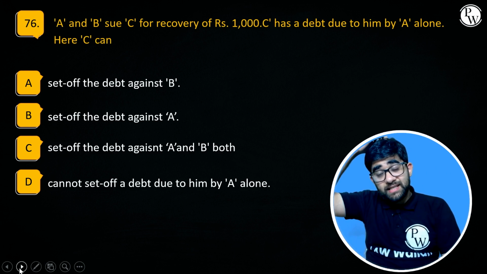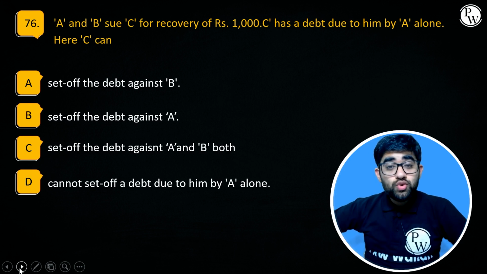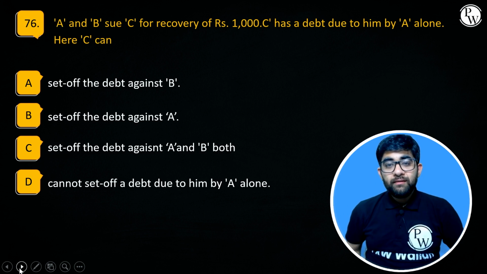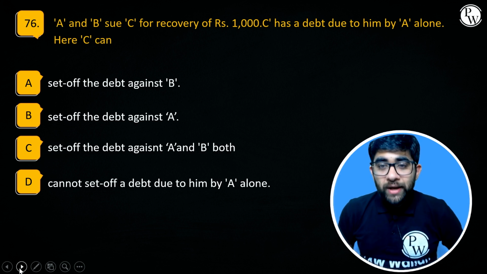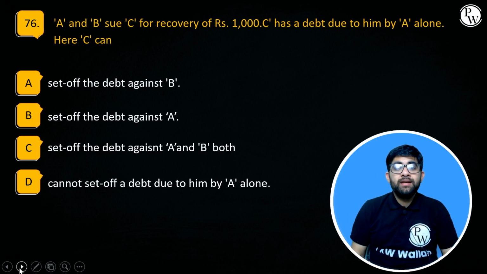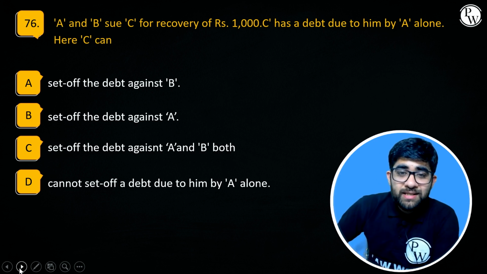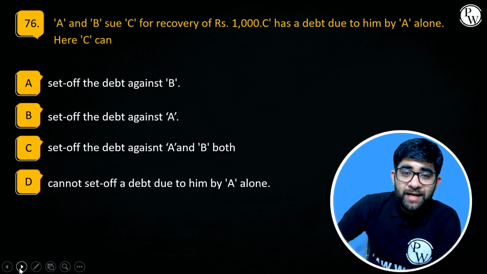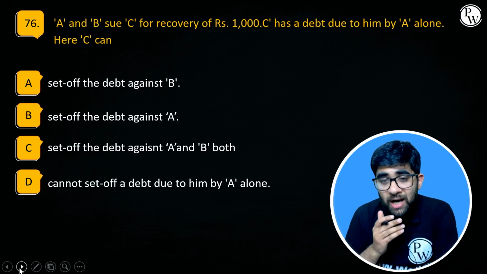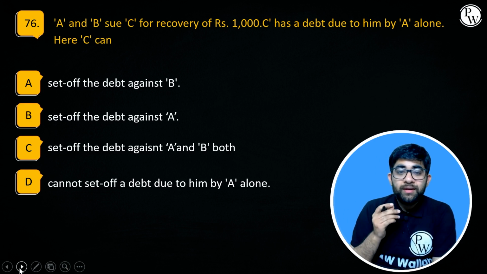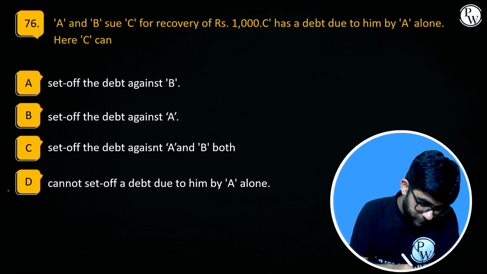Now, 76. A and B sue C for recovery of rupees 1000. C has a debt due to him by A alone. Here C can set off the debt against B, set off the debt against A, set off the debt against A and B both, or cannot set off a debt due to him by A alone. So the answer is cannot set off a debt due to him by A alone.